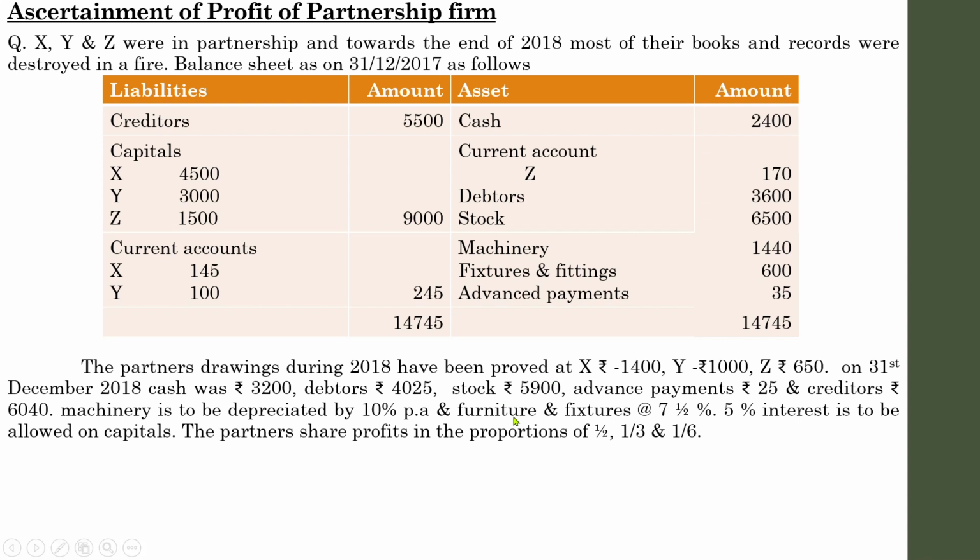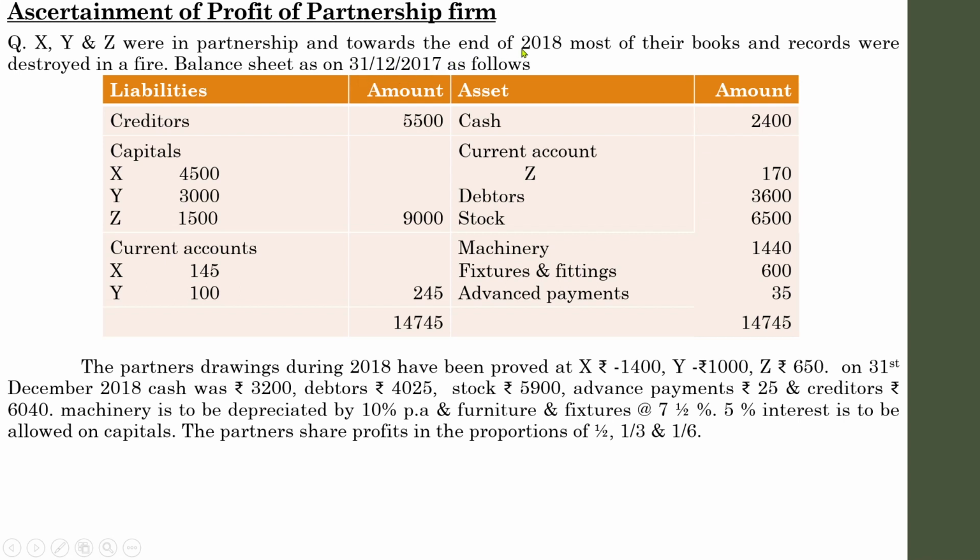So for finding out the profit, you need to prepare statement of profit or loss. In order to prepare statement of profit or loss, you need to prepare statement of affairs. And in the question, 31/12/2017, we can consider it as an opening balance, and the closing balance will be 31/12/2018.